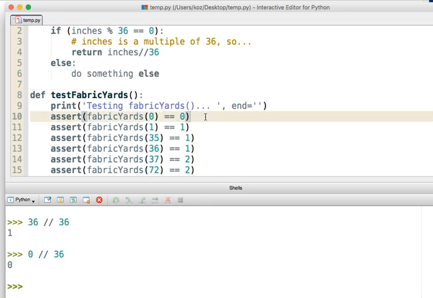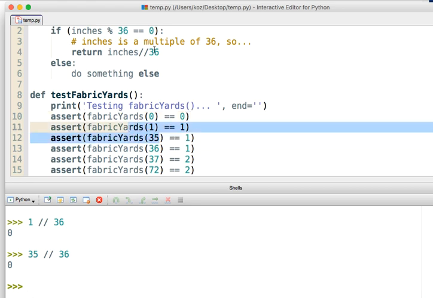Those aren't multiples, okay? And if I were to take 1 integer divided by 36, I get 0. And 35 integer divided by 36, I still get 0. So basically, because we're using integer division, we'll get the whole number of yards. And then we have to add 1 more yard for that little extra bit.